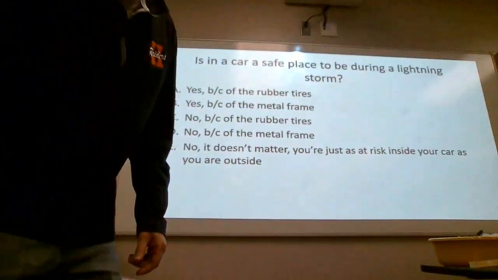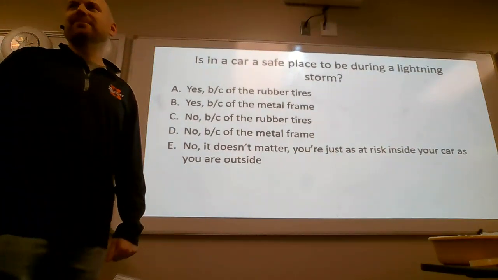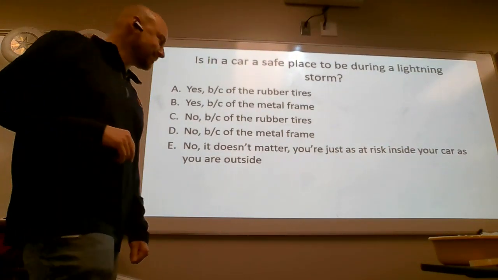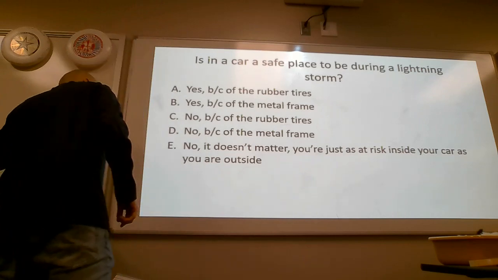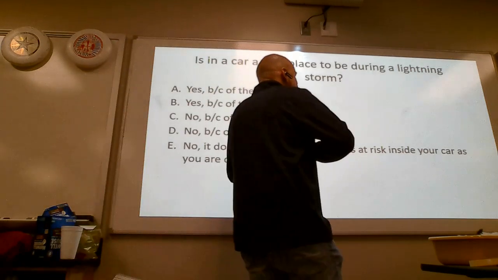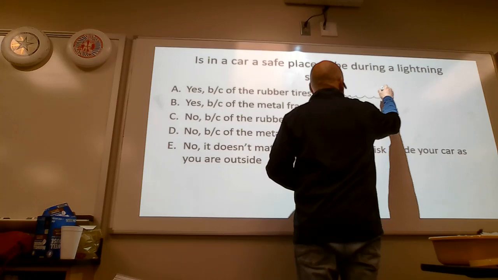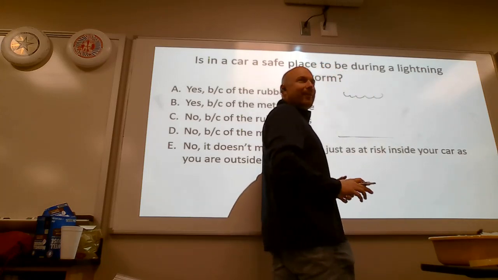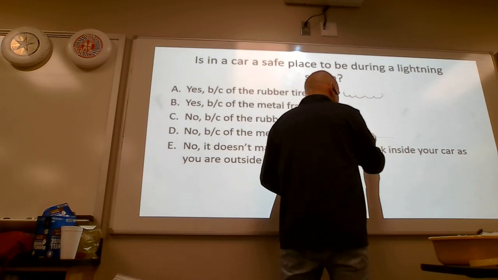Are you safe in your car from lightning? You are, but it's not because of your tires. Okay. So let's say a thunderstorm rolls in, and you're like, oh no. Like, oh, it's okay. I've got some tires. I stack my tires up in a tower.